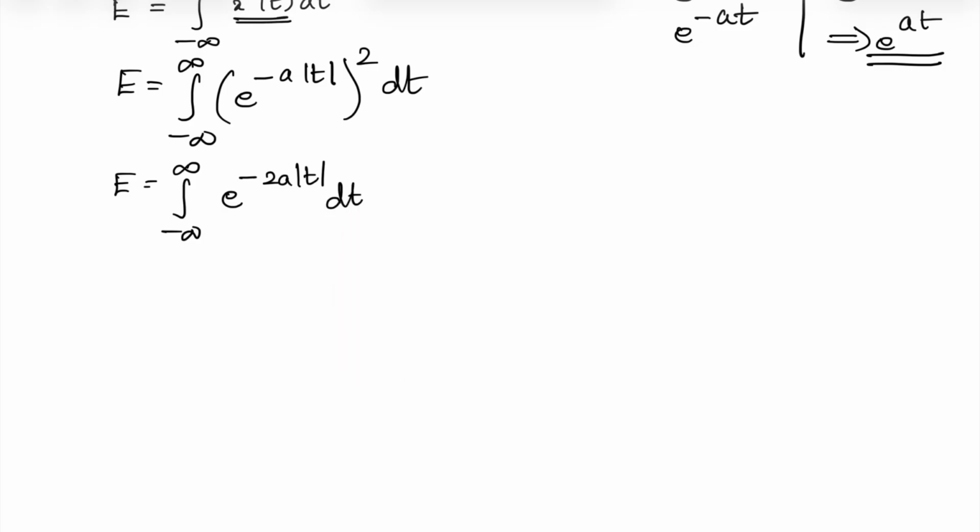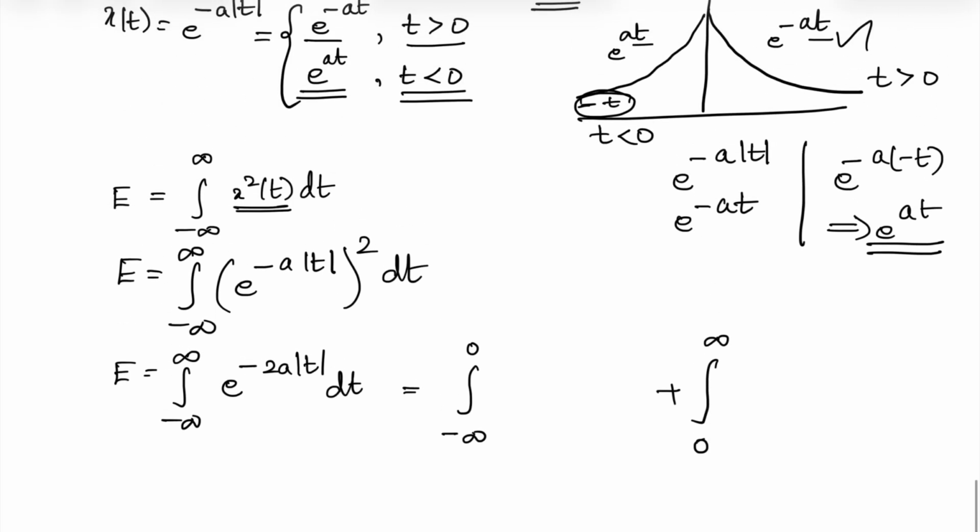And how are we going to split this up? Minus infinity to 0, it is going to take some values, and again from 0 to infinity, it is going to take some values. So minus infinity to 0 is the left portion, and from 0 to infinity, you can take it on the right hand side.